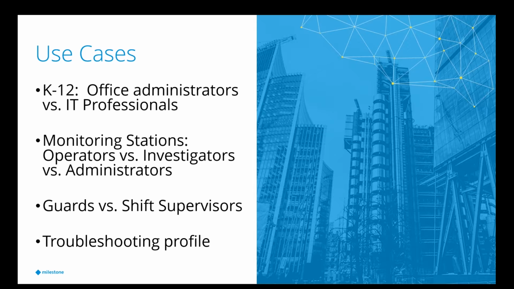In monitoring stations, police stations, and things like that, you have operators and guards versus investigators versus the admins that have control of the entire system. There's shift supervisors and guards also in those kinds of scenarios. And one of the nice things we can do with our advanced tab is look at some of the troubleshooting that you can do as far as performance goes on the smart client.